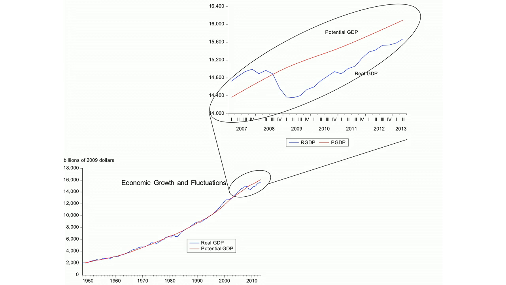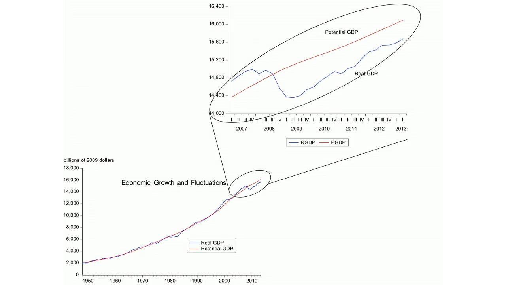The most recent up and down is blown up in the upper right-hand part of the screen. And you can see that entailed a recession where GDP fell. That's the 2007, 8, 9 recession. It began at the end of 2007 and ended in the middle of 2009. And then we've had a recovery. To some extent, it hasn't completely closed the gap between real GDP and potential GDP.